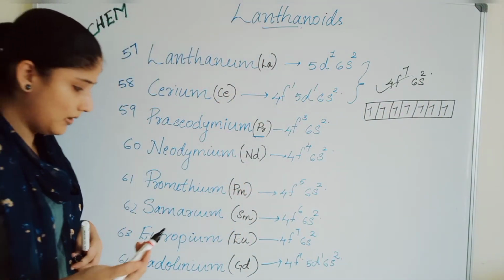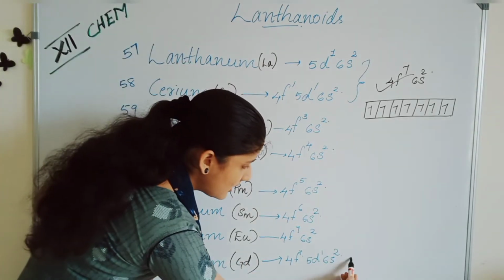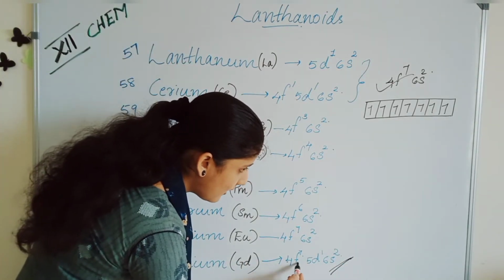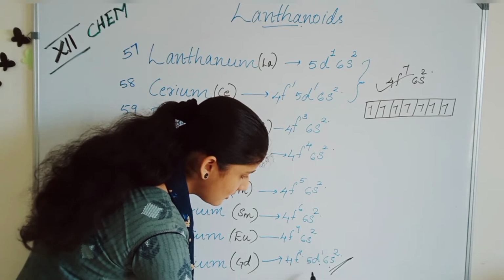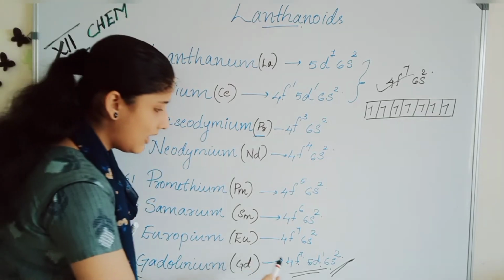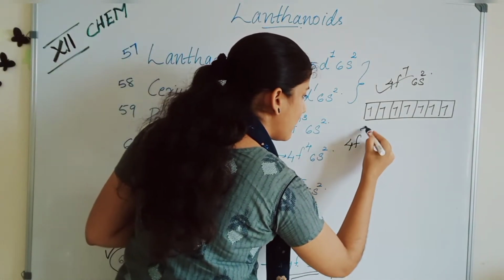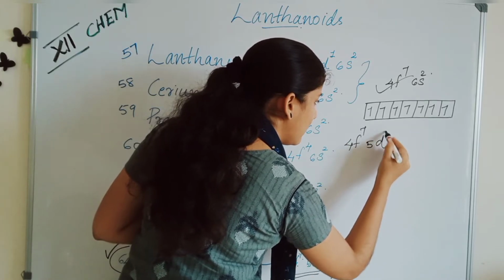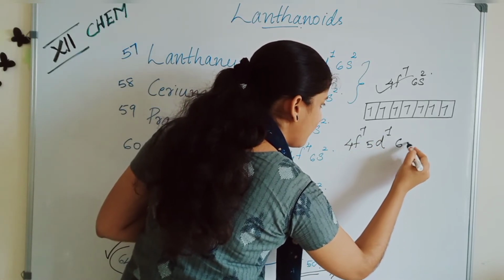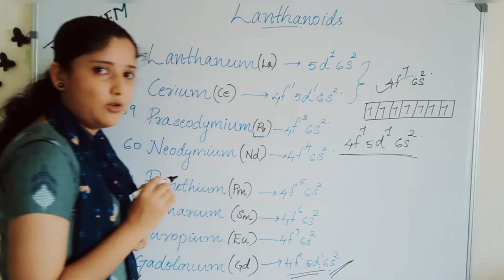For gadolinium, the exceptional electronic configuration to attain stability is 4f7, 5d1, 6s2. Remember, gadolinium, Gd, has the configuration 4f7, 5d1, 6s2. This is the configuration of gadolinium.